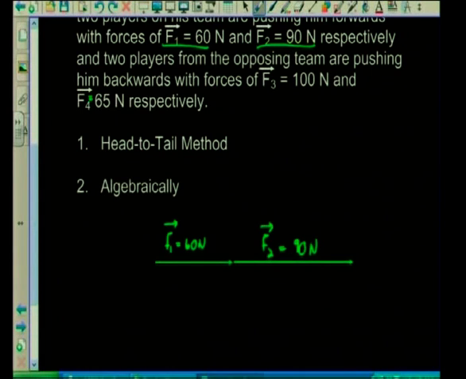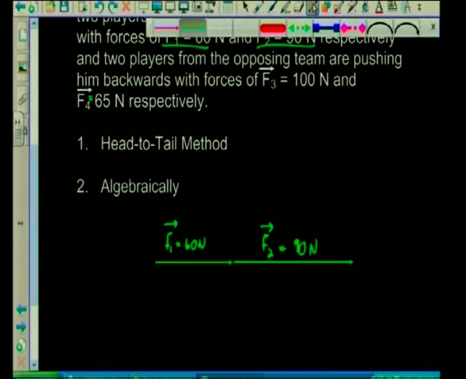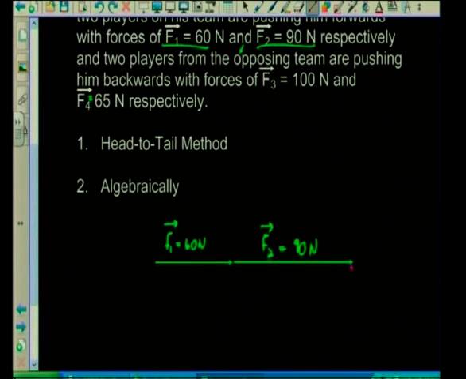Then the opposing team is 165. Let's do the opposing team in pink. Start where he was, and 100 probably goes to about there. Then we also have 65. So I'm going to draw in our second one.